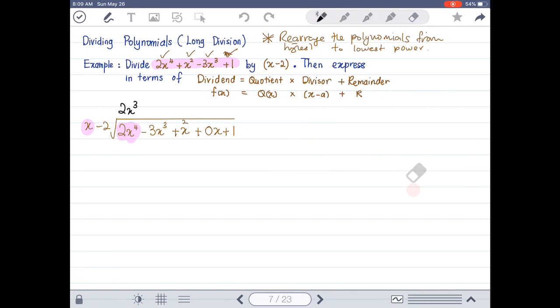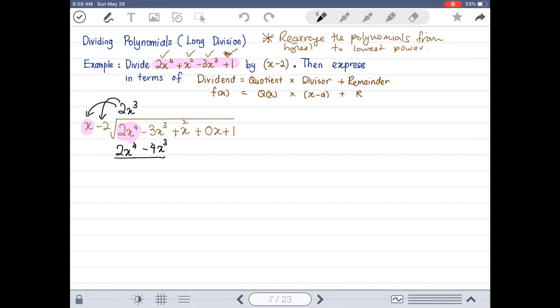Second step, let 2x to the power of 3 times x, we will get 2x to the power of 4. And 2x to the power of 3 times negative 2x, we will get negative 4x to the power of 3. Underline that.